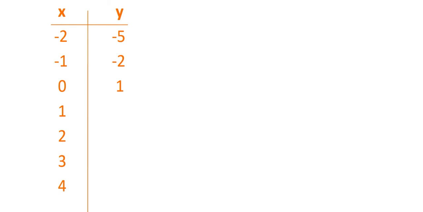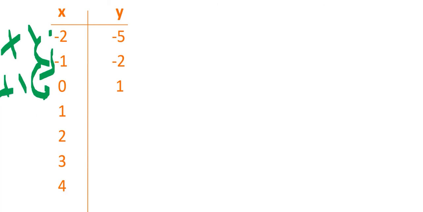Let's check using the table. Is 2, 7 a solution to the equation y equals 3x plus 1? We see on the x values, you are adding by 1 every time.